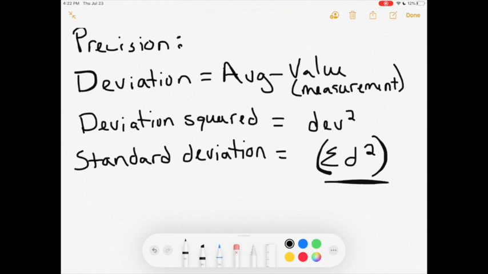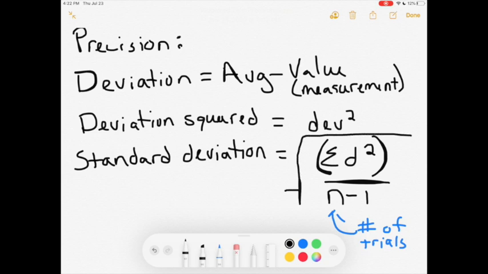And then you would divide by n minus 1, where n is the number of trials. Then you're going to take the square root of all of that. So standard deviation is the square root of the sum of the deviation squared divided by n minus 1, where n is the number of trials. All of these equations are to show our precision, okay?